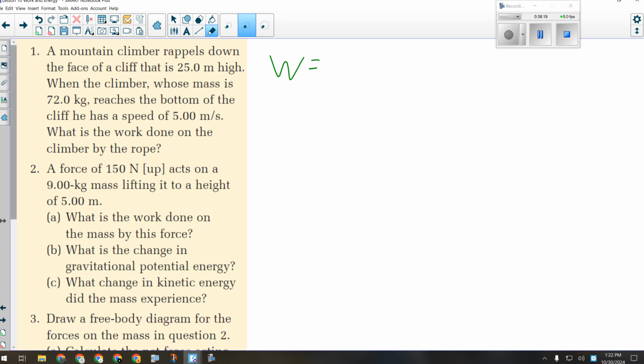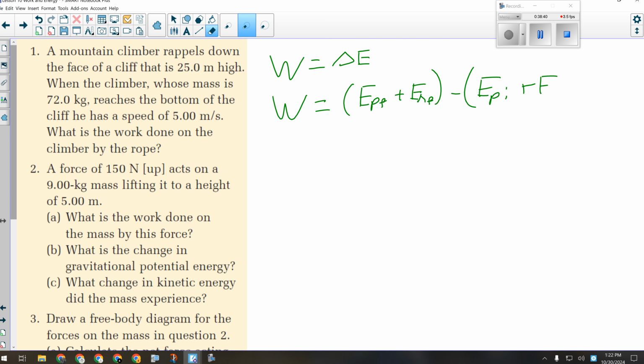So, we know that work is a change in mechanical energy. Now, at the top, we're not moving. Even though it's technically final potential plus final kinetic minus initial potential plus initial kinetic, are any of these 0? Two of them are, yeah. How much kinetic energy do I have standing at the top of the cliff?